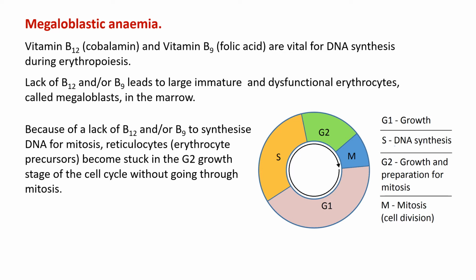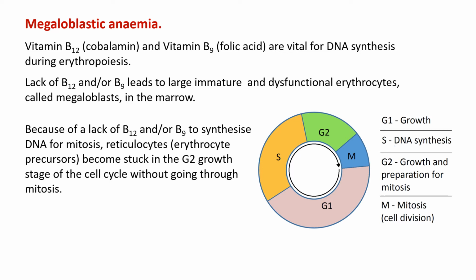So as we said, because of the lack of this B12 or B9, which we need to synthesize the DNA for mitosis, for cell replication, the reticulocytes, so those erythrocyte precursors, end up becoming stuck in the growth stage of the cell cycle, the G2 growth stage.